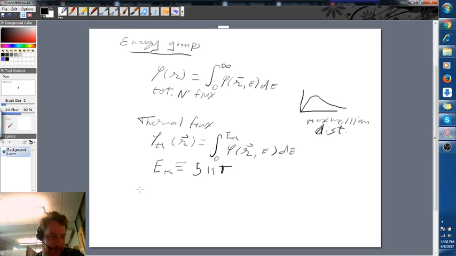And finally, we have the fast flux. We denote this with a phi sub f, and it is a function of position.